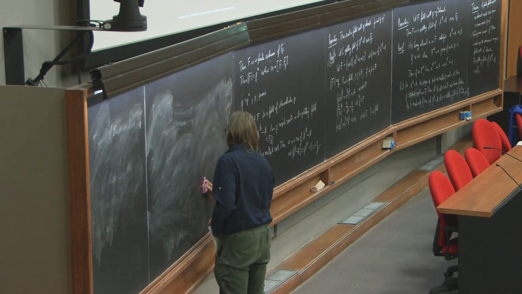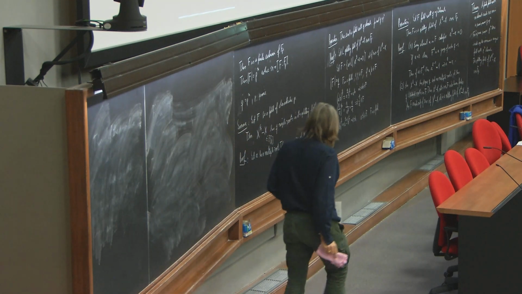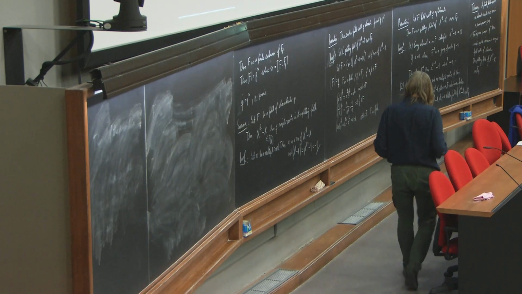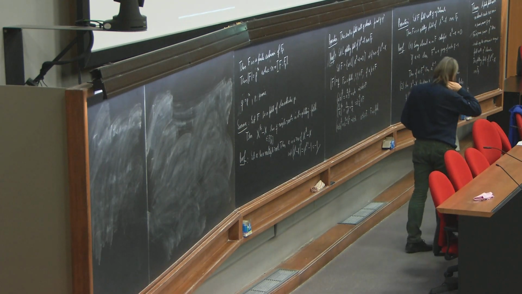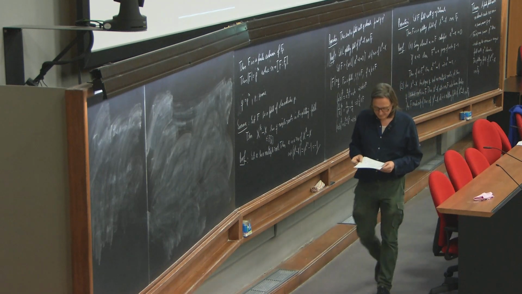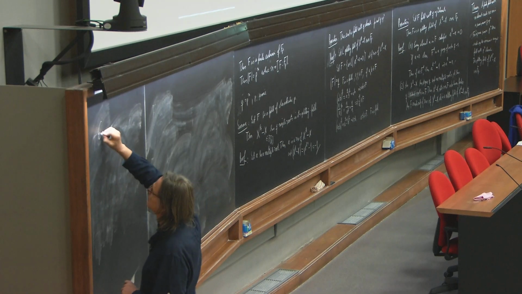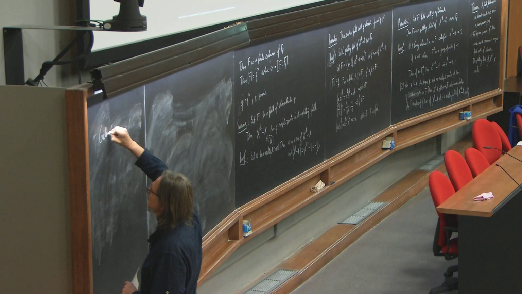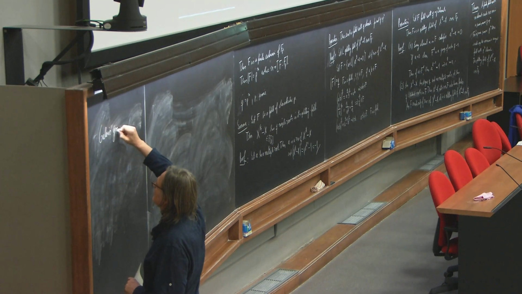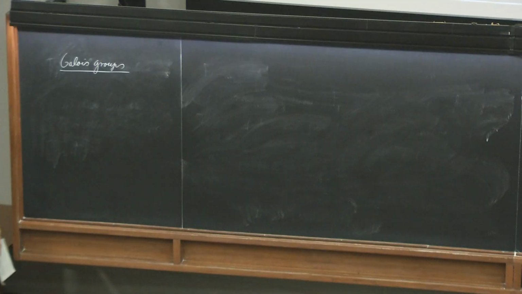Then the next time we will show the fundamental theorem of Galois theory, which relates subgroups of the Galois group to intermediate fields of the field extension. So let me introduce Galois groups, after Évariste Galois, the inventor of Galois theory.